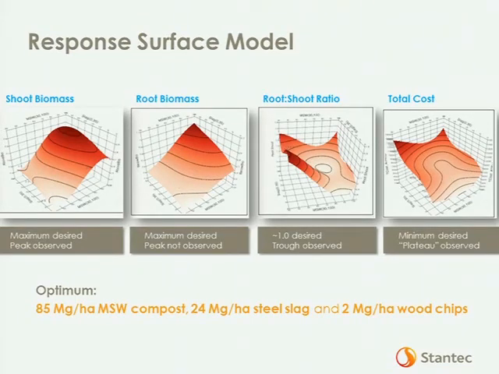The optimum that we found here was 85 tons per hectare of compost, 24 tons per hectare of steel slag, and 2 tons per hectare of wood chips. That combination of amendments gave us the compromise optimum of maximized biomasses, a root to shoot ratio around 1, and minimized cost incurred.